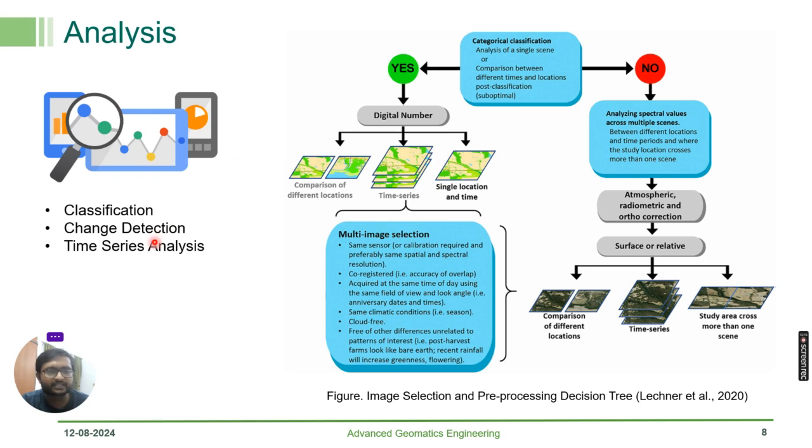Then comes change detection. Earlier in classification, we were just using one image. But for change detection, we will consider one image from 2000 and one image from 2020, and we will see what change happened in the last 20 years.